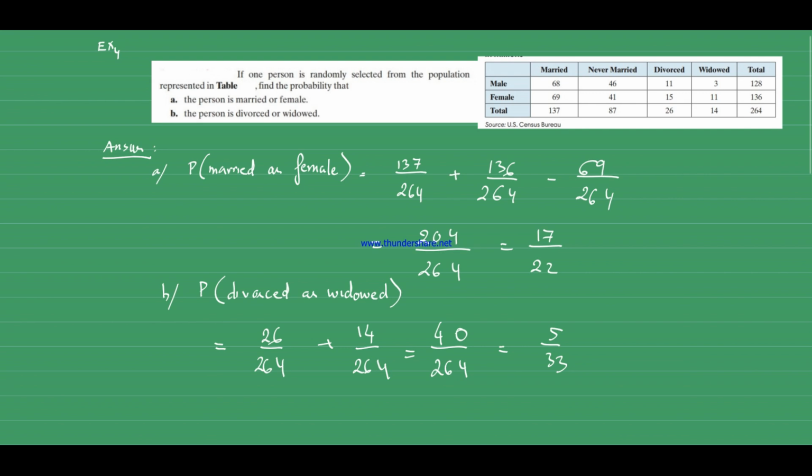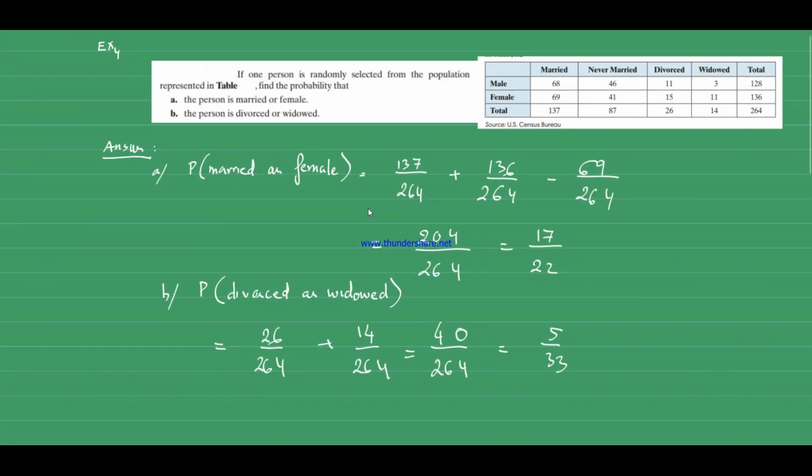Okay. All right. So that is the union probability. Now we're going to jump into the second type. We call that intersection probability.